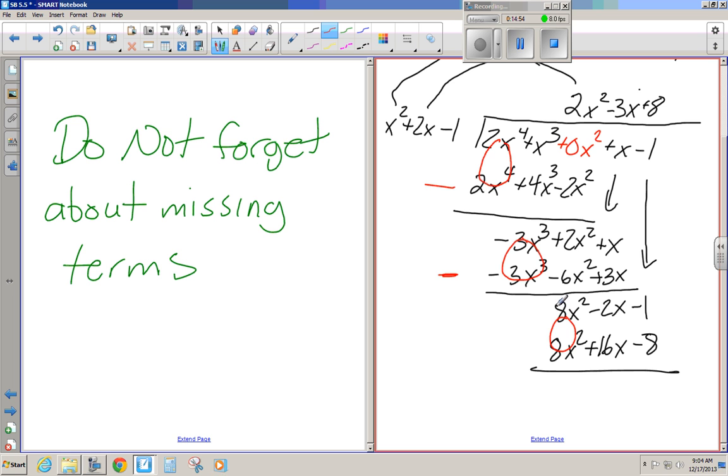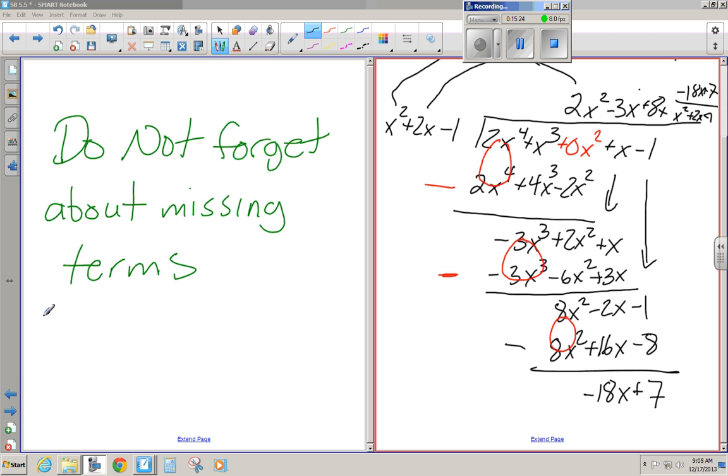This, of course, becomes 0. This is subtraction, so that becomes negative 18x plus 7. So my final answer, you end up having plus negative 18x plus 7 divided by the divisor, x squared plus 2x minus 1.